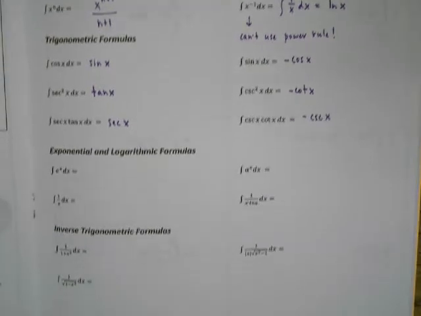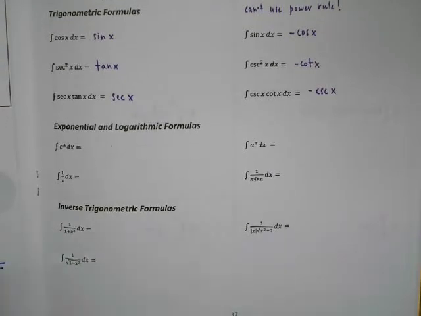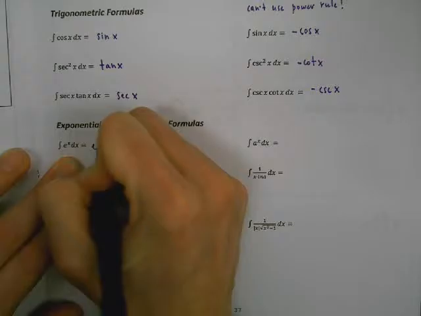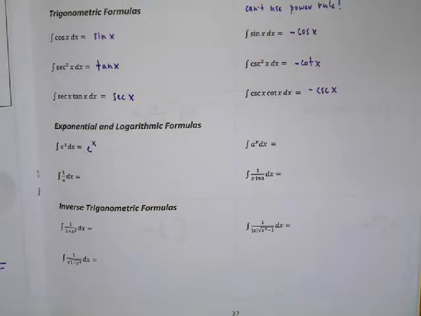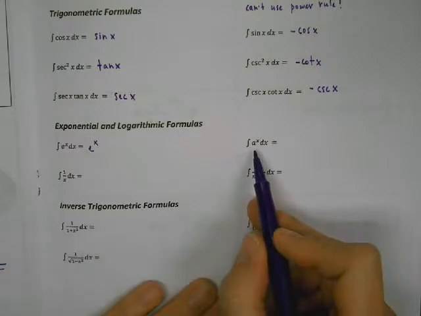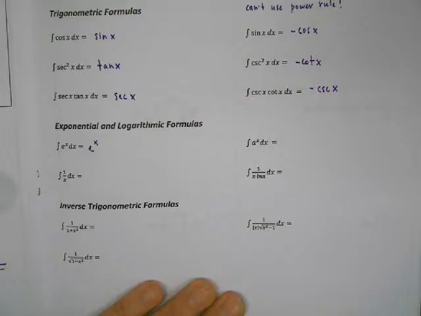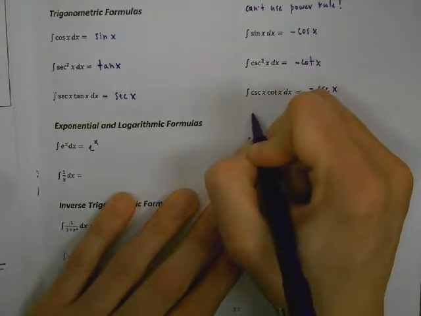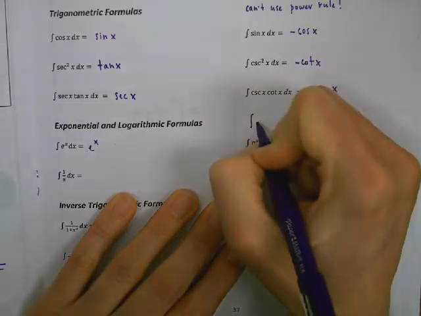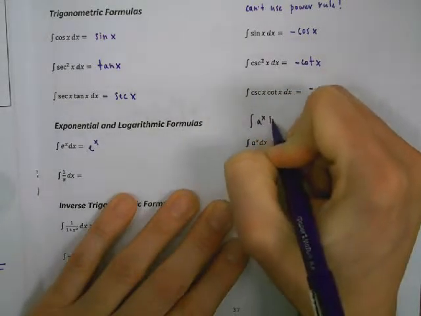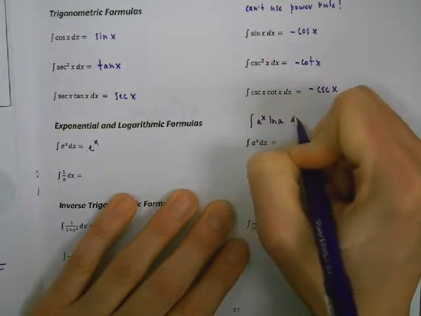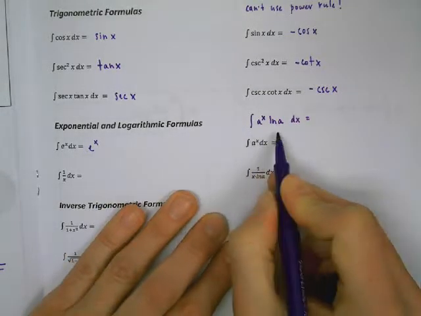Okay, then we have our exponential and logarithmic. First one up is e to the x, which is very straightforward. We know that's just e to the x. My integral of a to the x dx, here's where we have to be a little bit careful. I'm going to take an aside here. I know that if I had the integral of a to the x times the natural log of a dx, I recognize that.